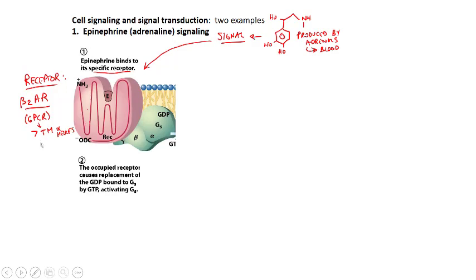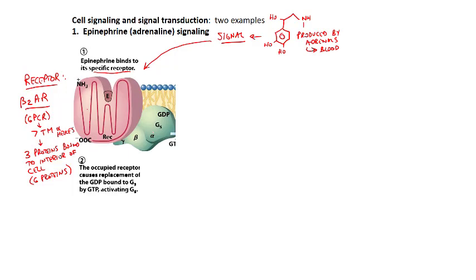which are not clearly shown in this diagram, but I'll show you a better structure on the next slide. And there's different types of G proteins, but the beta-2 adrenergic receptor is bound to 3 proteins on the inside. And these are called the G proteins. So the receptor is one molecule, and the 3 G proteins are 3 separate molecules.